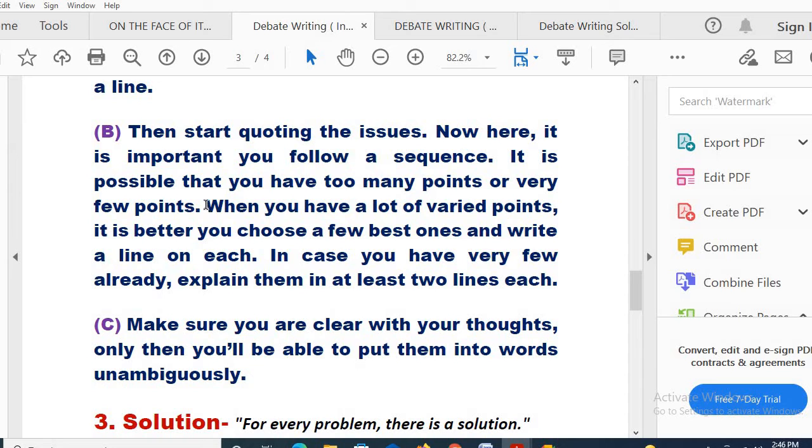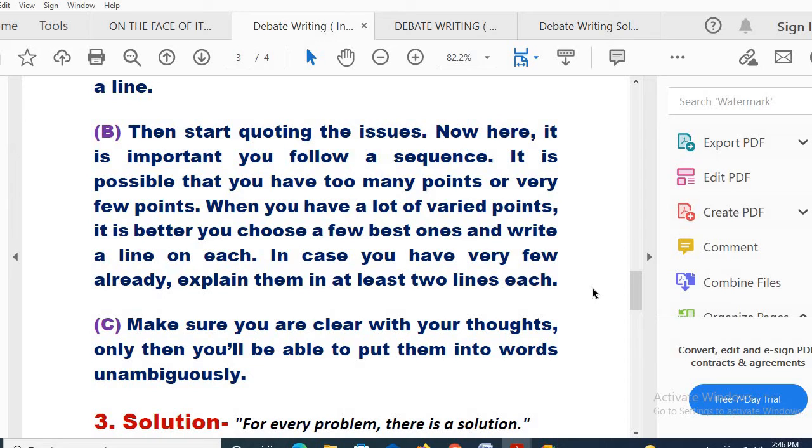That is important. See, let us consider the first scenario, where a topic is very common and you have too many points. Then what will you do? Obviously you have to be selective, and you have to select the best points, and after selecting those best points, you have to write a line on each. In case you have very few, explain them in at least 2 lines each.